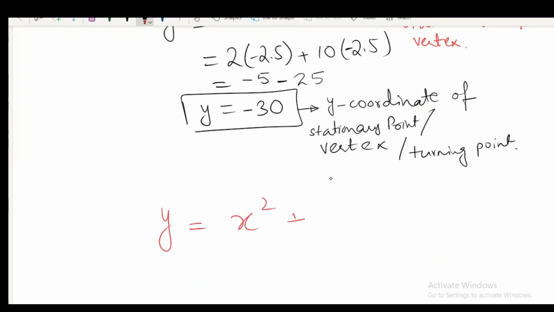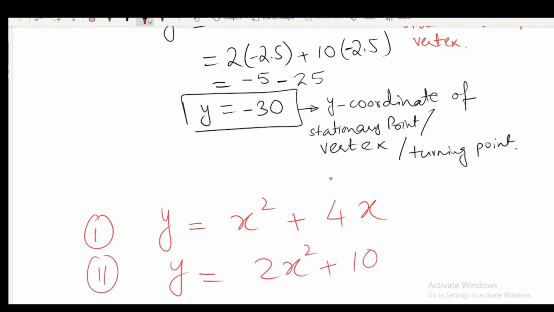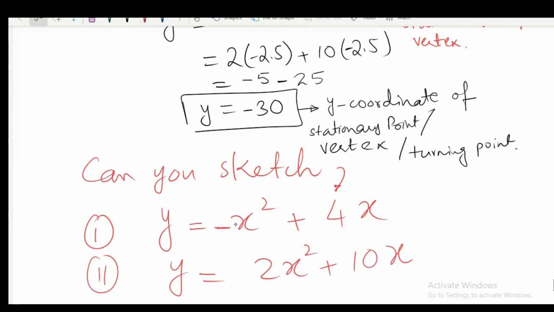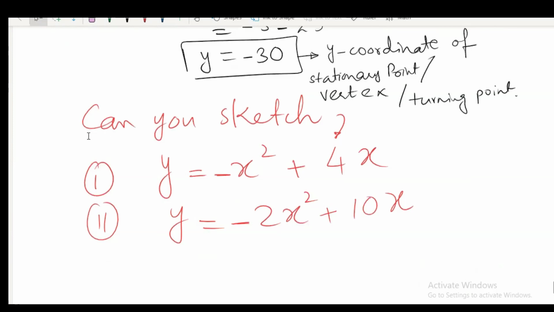So can you sketch y equals minus x squared plus 4x and y equals minus 2x squared plus 10x? Try to sketch this. If you cannot sketch, watch the upcoming video for this topic.